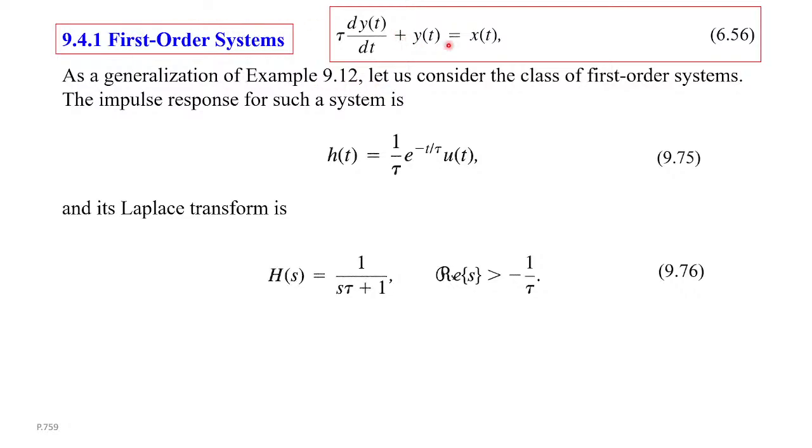But anyway, that's the system, and we can calculate its Laplace transform, and it's going to look like this. It's very similar to the Fourier transform. So you will have the differentiation property of the Laplace transform. When you get a differentiation here, you get H twice. So that's why you get s tau here and the plus 1, and move things around, you get H equal to 1 over s tau plus 1.